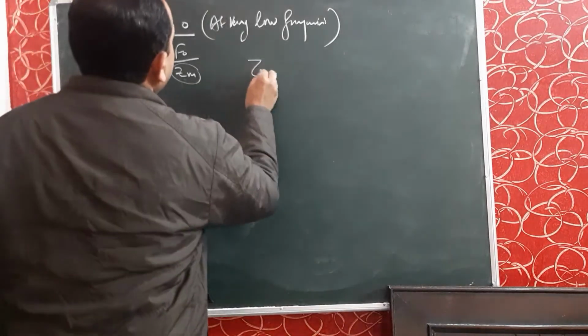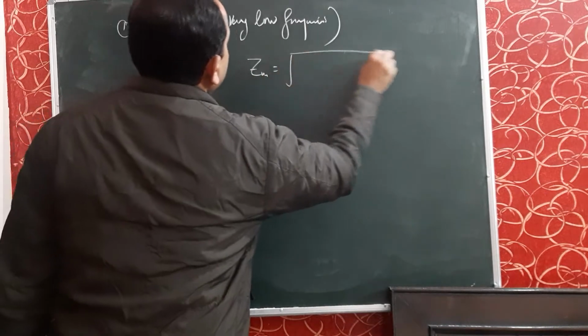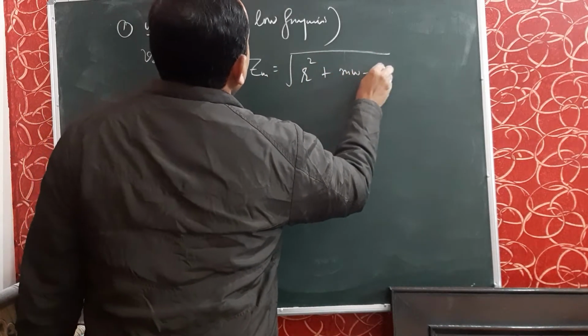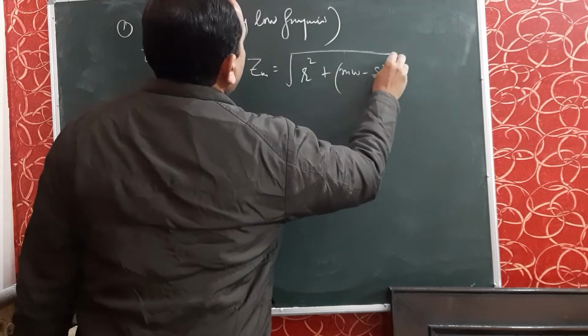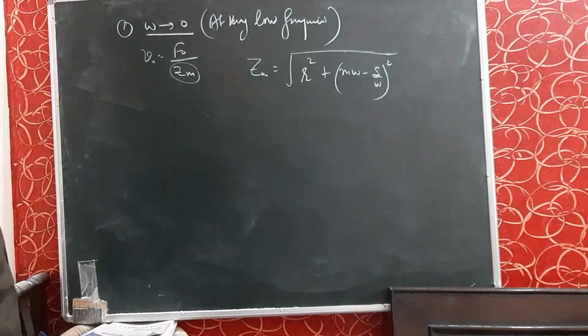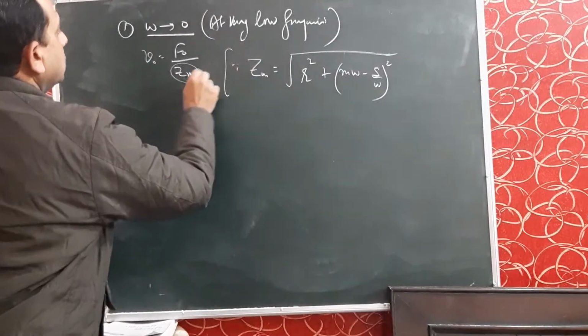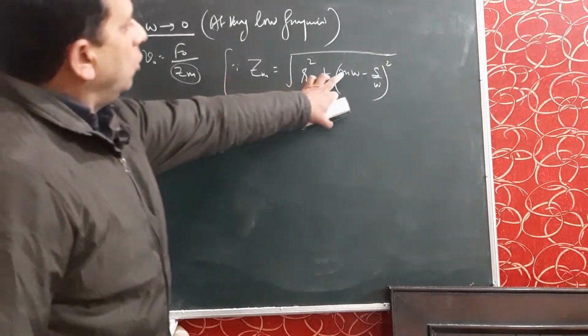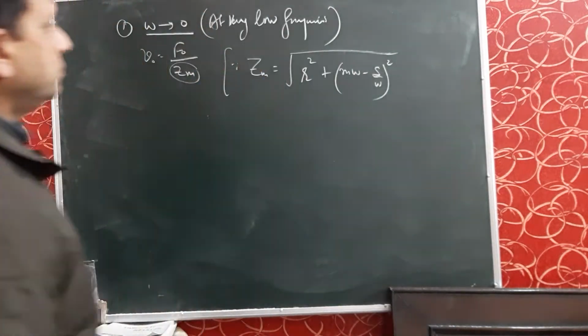What is Zm? You know that Zm is under root of r square plus m omega minus s upon omega whole square, because it is the impedance. Omega is there in two terms.